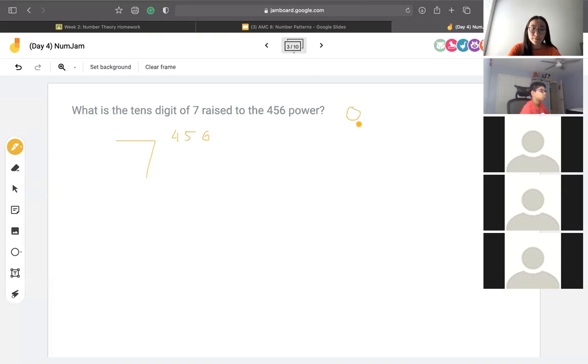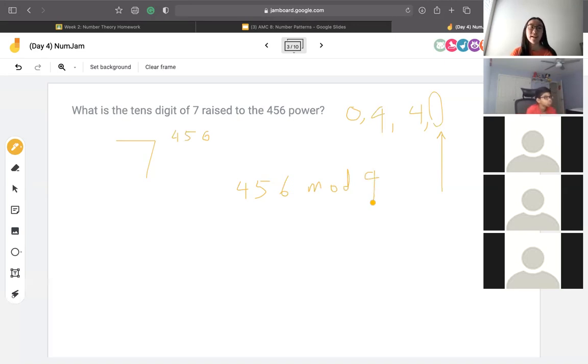So the pattern is going to be 0, 4, 4, 0. We found that a bunch of times, right? And so if the remainder is 0, it's just going to be the last number in the pattern. Because if you think about it, you're doing 456 mod 4, and you can't actually have a remainder of 4 because that doesn't work.